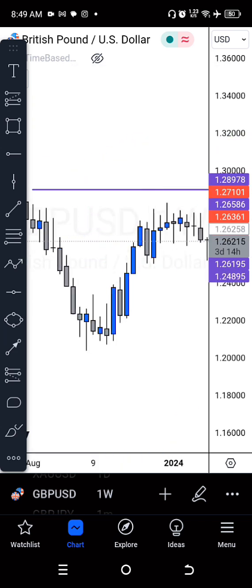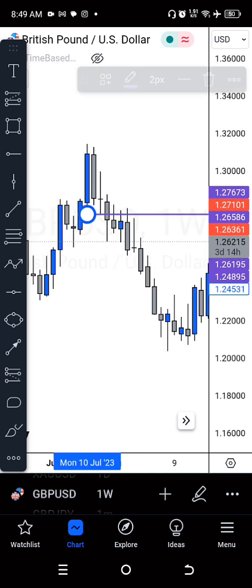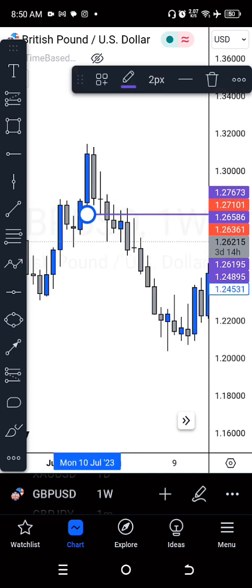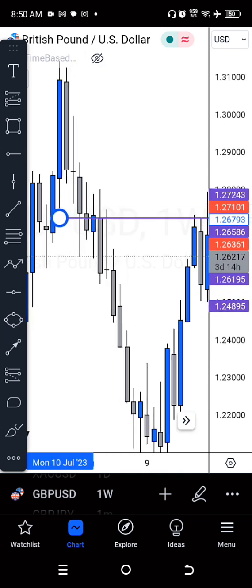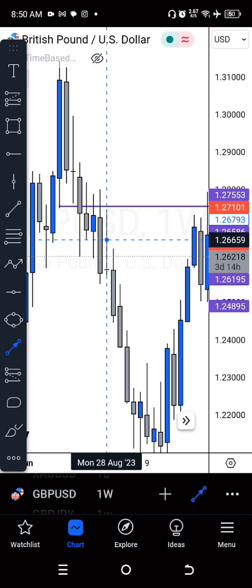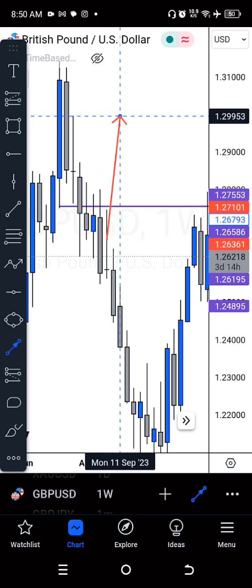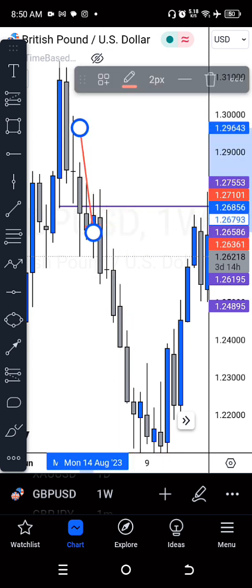This supply area here, this last bullish candle before this bearish move, has been used. It has been used several times. It has been used here. Let me turn this upside down. It has been used here.